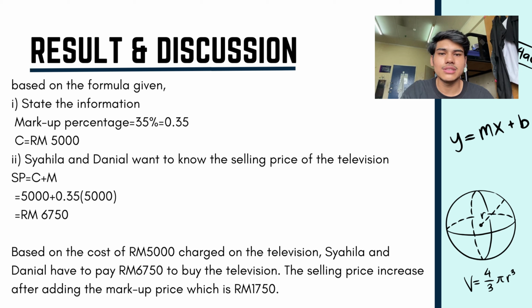The formula is SP equals C plus M. 5,000 plus 0.35 times 5,000 equals 6,750 ringgit. Based on the cost of 5,000 charged on the television, Shahila and Daniel have to pay 6,750 ringgit to buy the television. The selling price increased after adding the markup price, which is 1,750 ringgit.